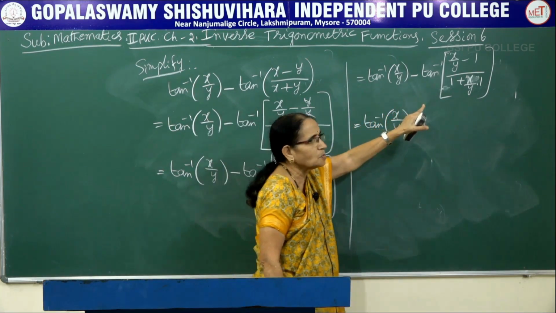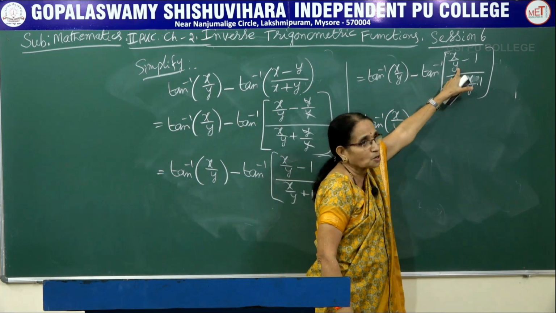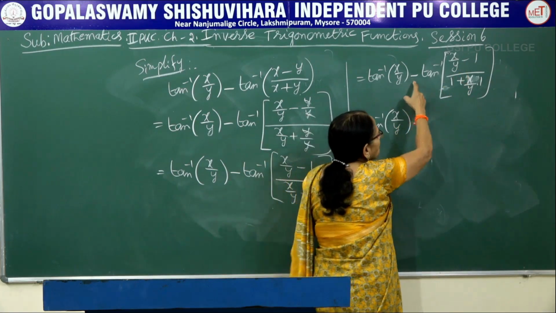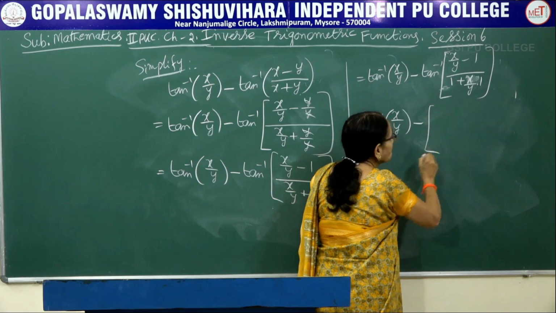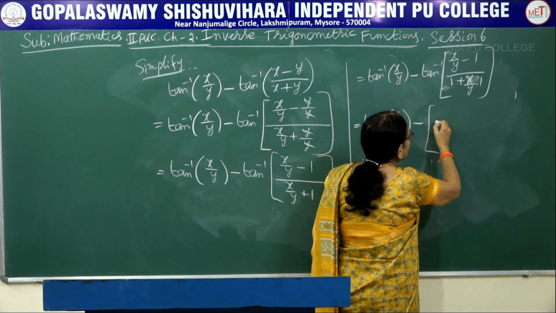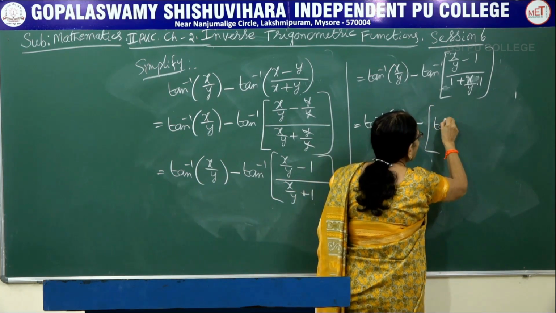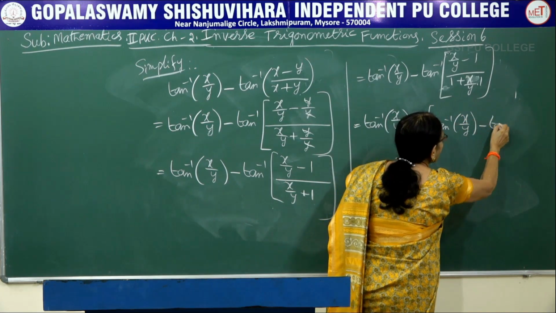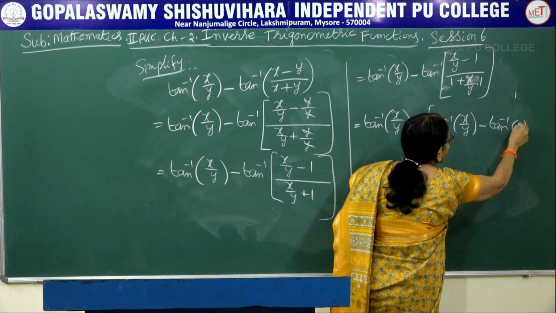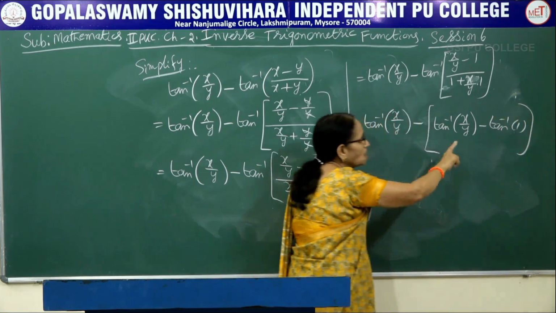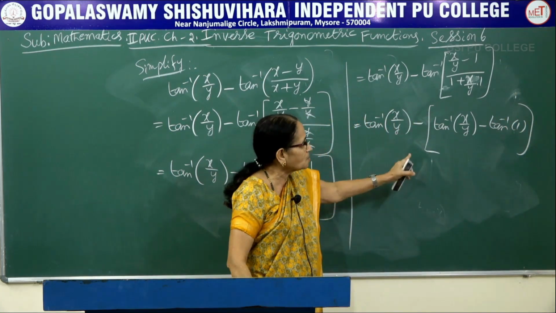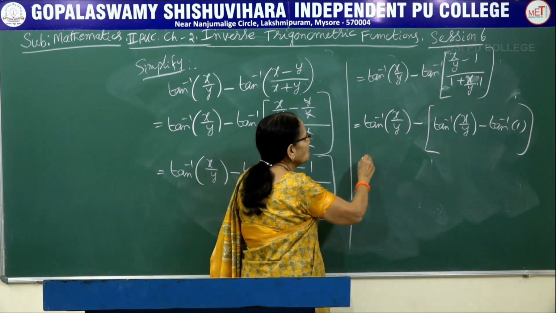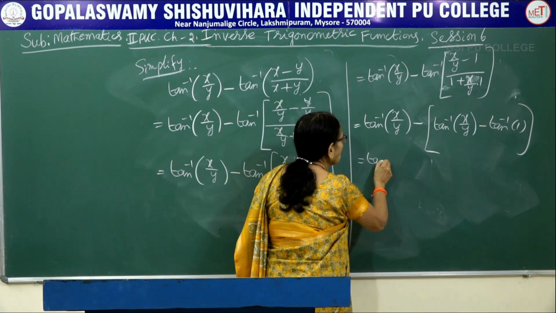Now this resembles the same thing. In the place of x I am having x by y, in the place of y I am having 1. So because of the negative sign, write another bracket. That can be written as tan inverse of x by y minus tan inverse of 1. So I am using the fourth property. Always make it a habit to quote the result, whichever result you are using, in the working column. Now remove the bracket.